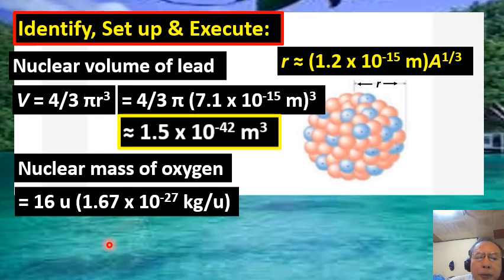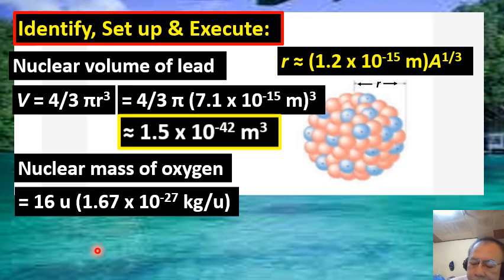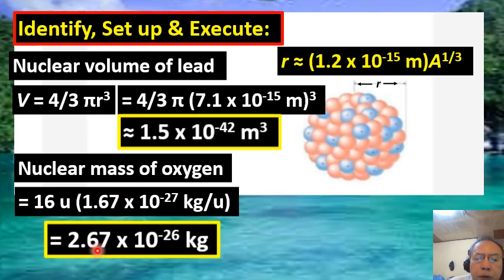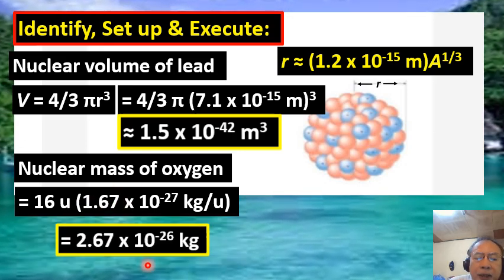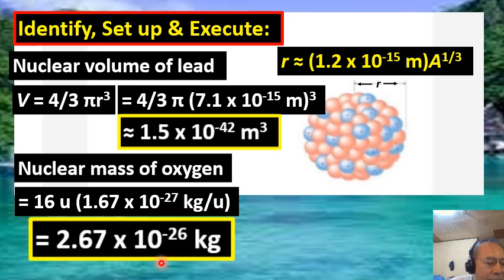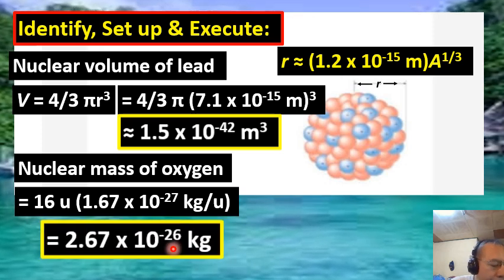Simplifying, we get the nuclear mass of oxygen equal to 2.67 times 10 to the negative 26 kilogram.